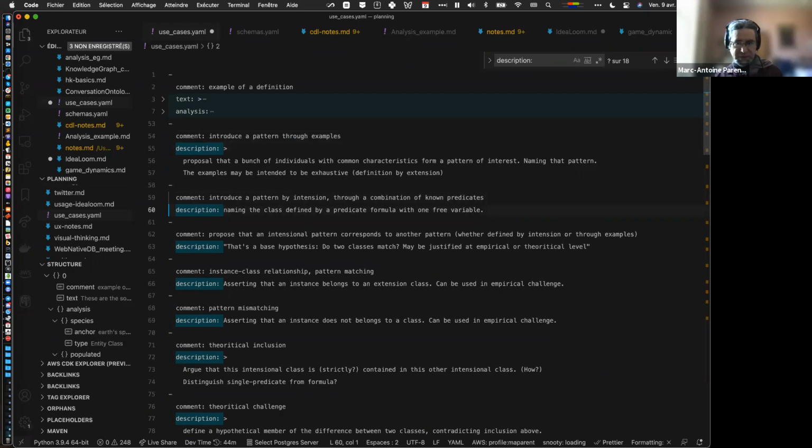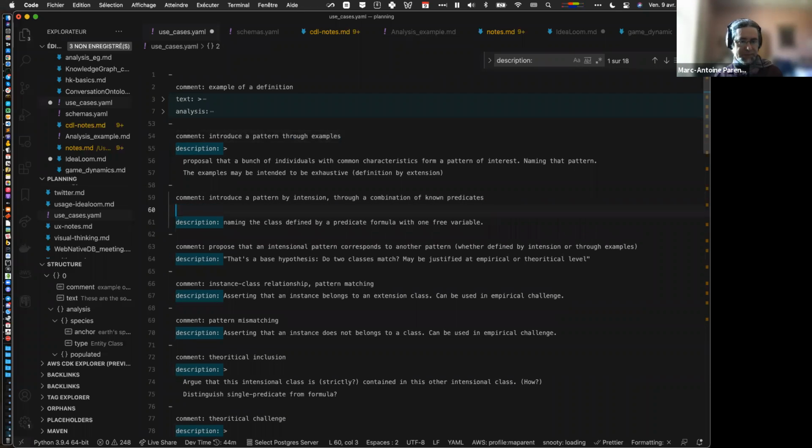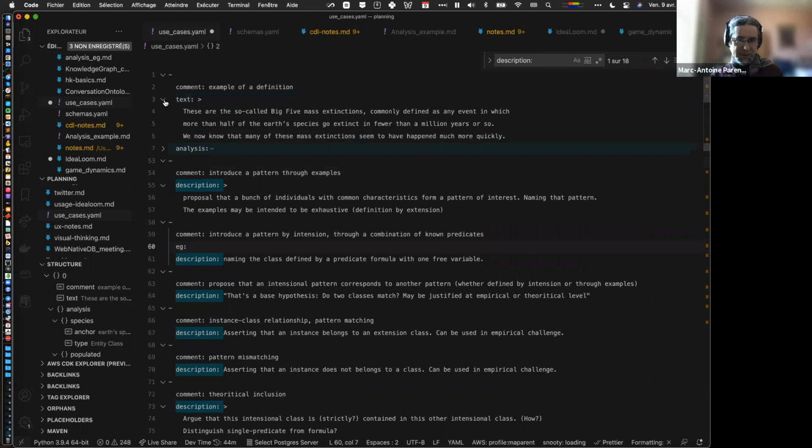Let me first start with intention. Well, actually, this is an example of that one. Well, the first sentence, really. This is an example of us defining a pattern using predicates.